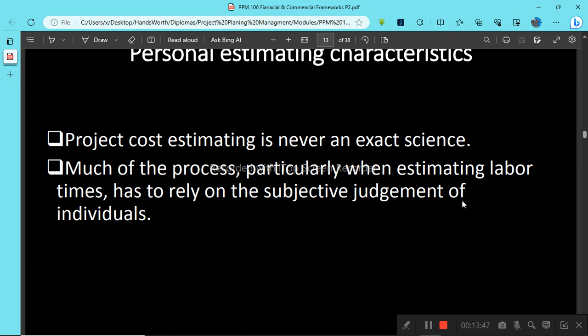Now, as we are doing our estimation, if you remember, I talked about the difference between a science and an art. Project management in its entirety is simply an art.